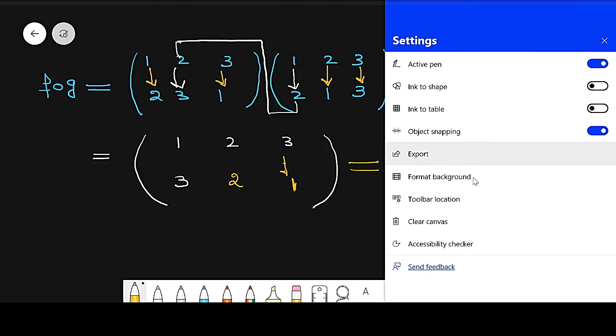For example, if I take another example, suppose S is equal to 1, 2, 3, 4, 5 and 6. This is a set.